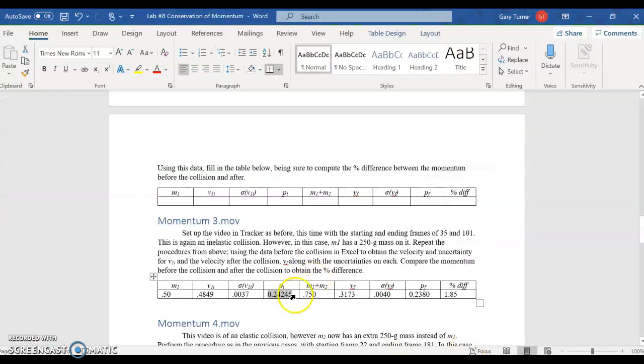That means number one, your slope is rather linear, and number two, that you probably aren't going to have your error bars overlap if you actually calculate the uncertainty on PI and PF.